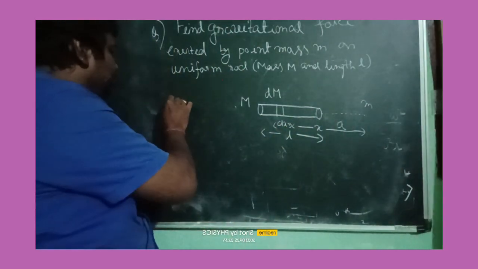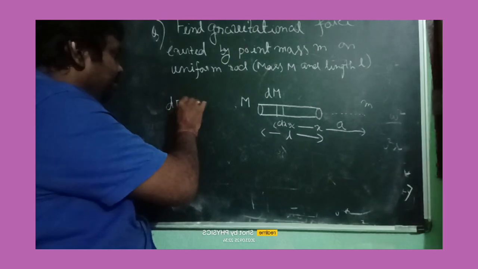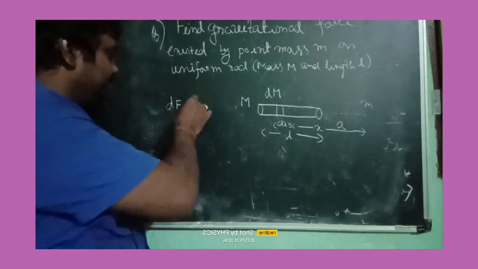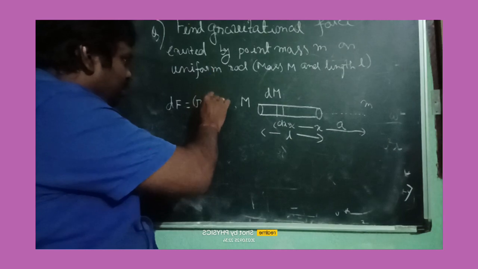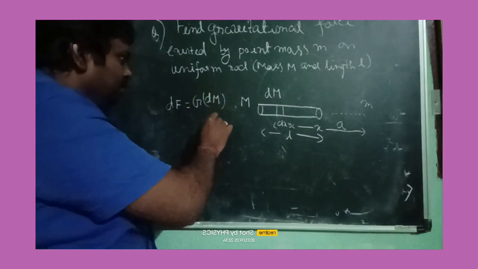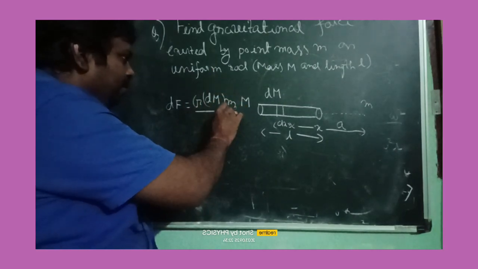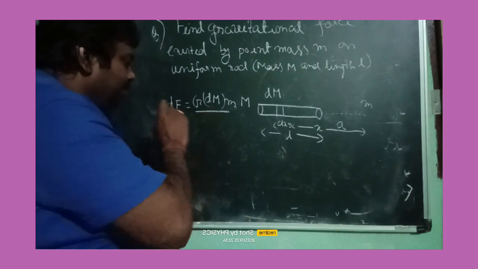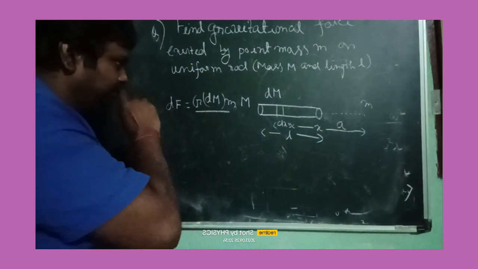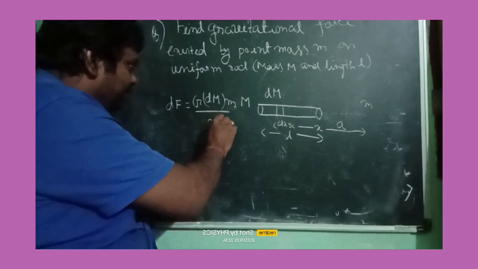Now the force due to the dm is dF is equal to G dm m by r square, that is G into dm into small m by distance square, which is x square.